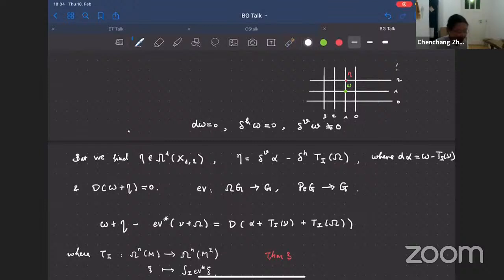This guy, or if you want, you can call it not quadratic anymore. But anyway, it's a 1-1 shifted 4.